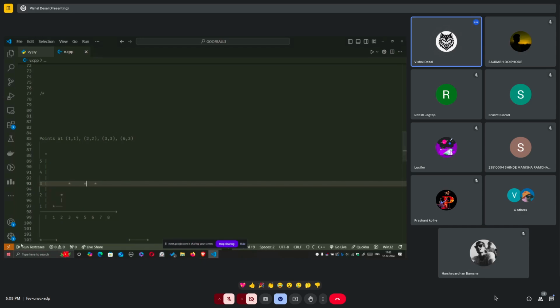5 and 3. Now, what distance will I require to reach from this point, that is 1 comma 1, to this 5 comma 3? Okay, I will remove the rest of the points. What distance, what time will be required?